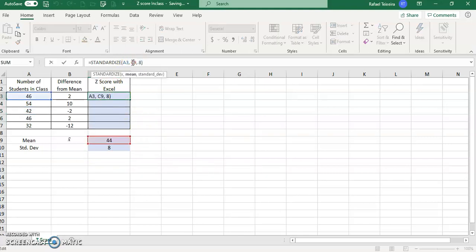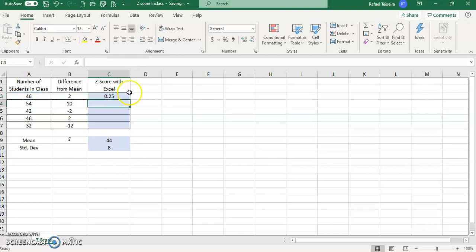How do I lock this cell C9? I type F4 on my keyboard. Okay, for Mac users, you have to type the key Fn and F4. So when I do that, Excel places 2 dollar signs here, and that means that this cell is locked, and I can move down the formula and that cell will be the same.